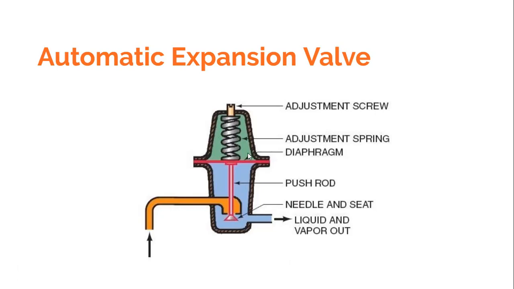On the other side of this diaphragm, the pressure is exerted by the refrigerant. It is equal to the pressure exerted by the refrigerant in the evaporator. So this automatic expansion valve in a way regulates the pressure in the evaporator.